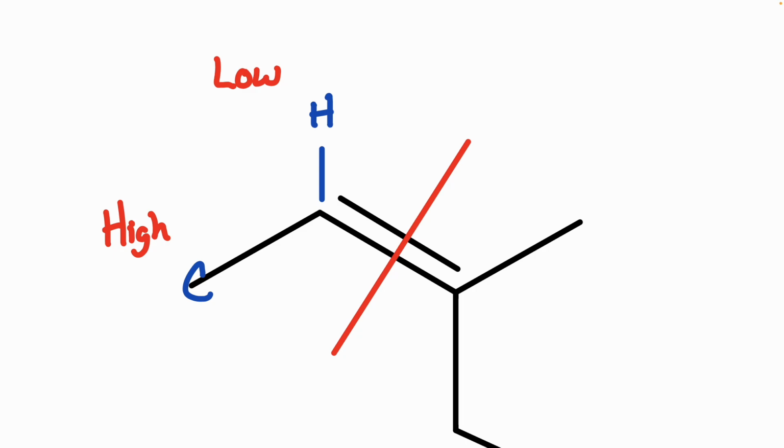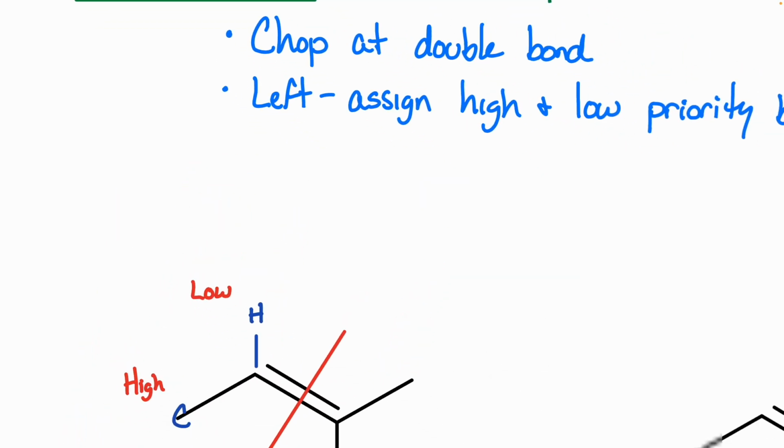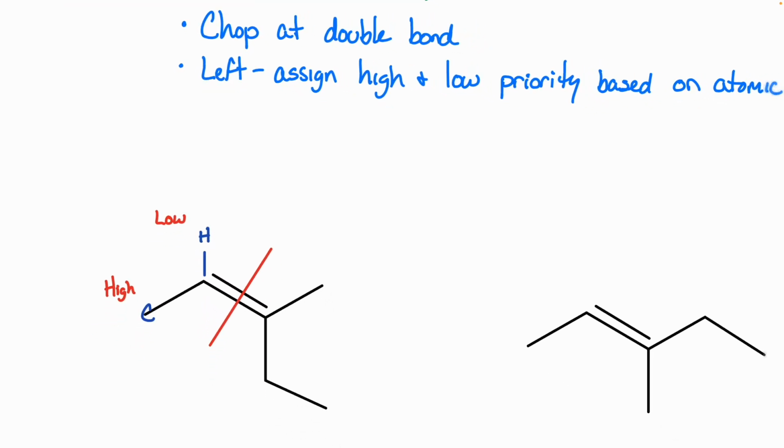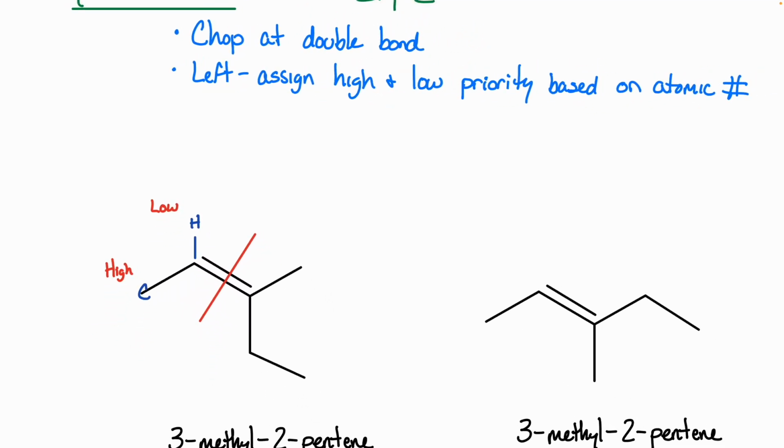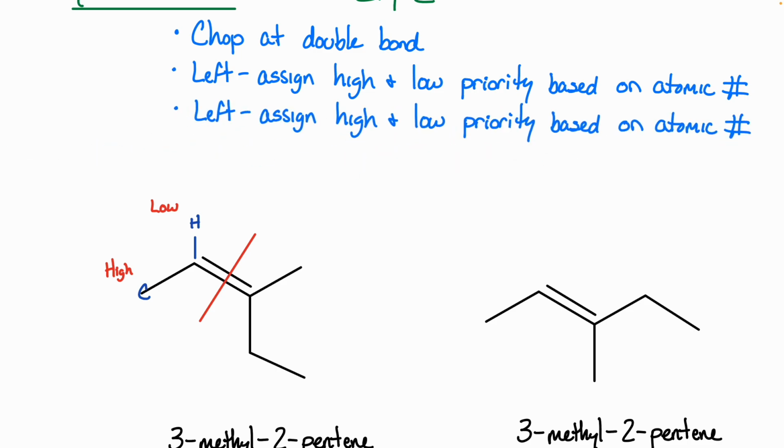And now I'm going to jump to the other side of my double bond, and I'm going to play the exact same game. So now instead of looking on the left, we're going to look on the right, and we're just going to assign high and low priority.